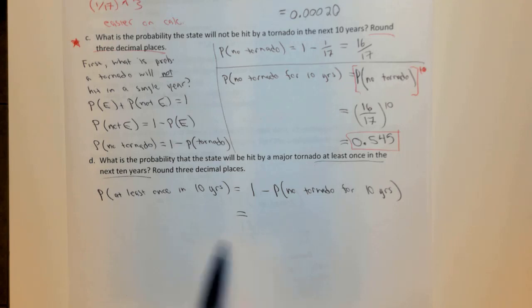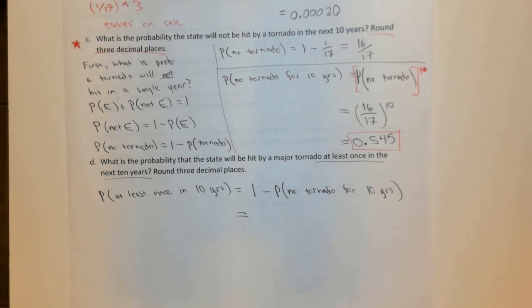But at least one tornado in 10 years means that the complement, the opposite of at least one time, is none. So it'll be 1 minus that.